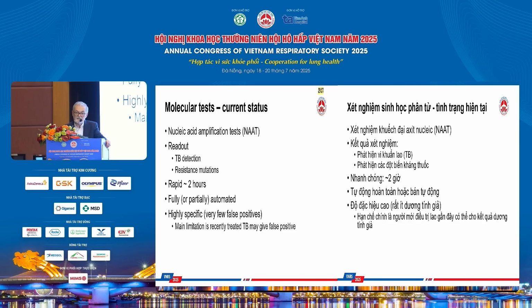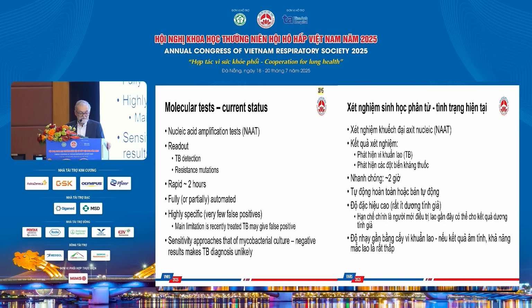So the recent treatment of TB may have killed the mycobacteria and they're effectively cured, but there is still mycobacterial DNA present and you can still get a positive test. So false positives almost always occur in people who've had completed recent treatment for TB.